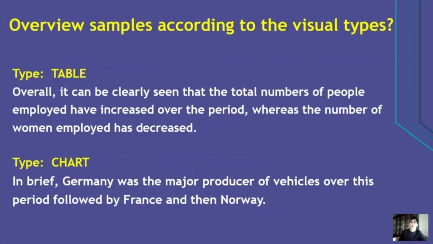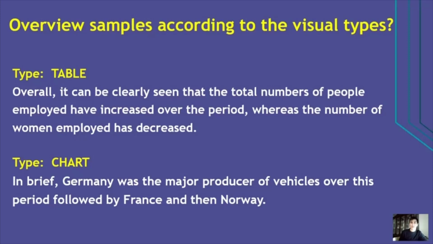Now, overview samples according to the visual types. Type 1: Table. Overall, it can be clearly seen that the total number of people employed has increased over the period, whereas the number of women employed has decreased.